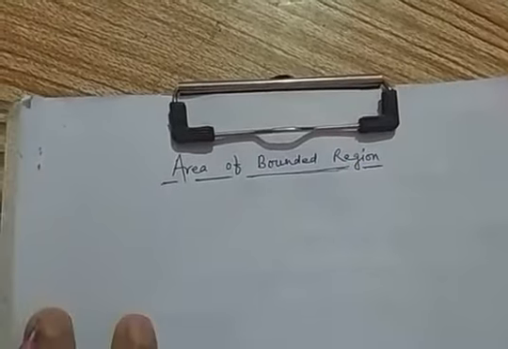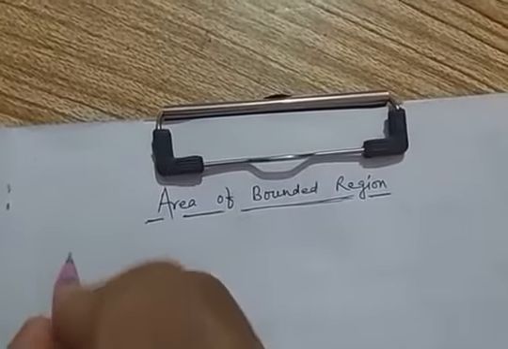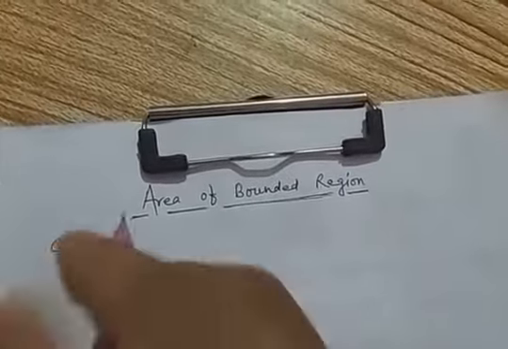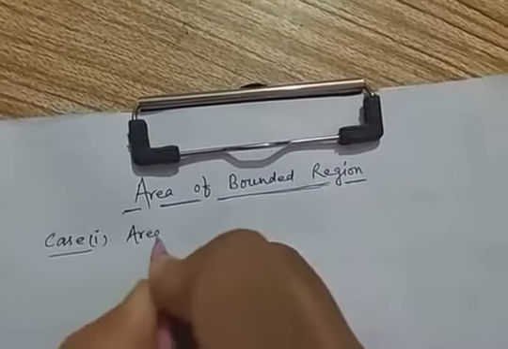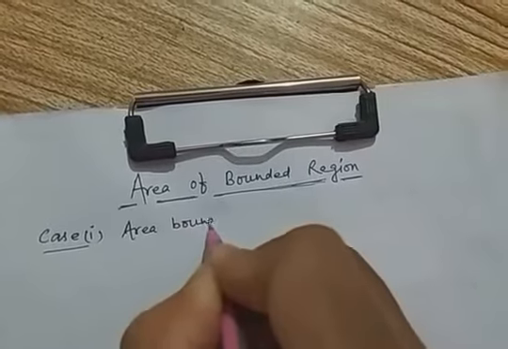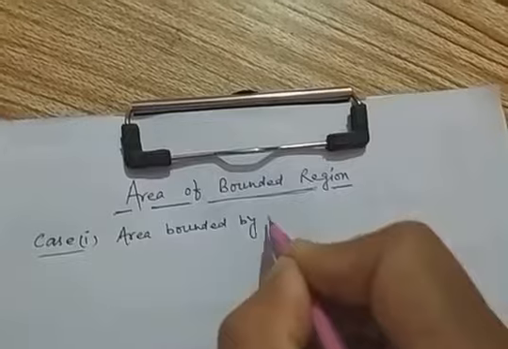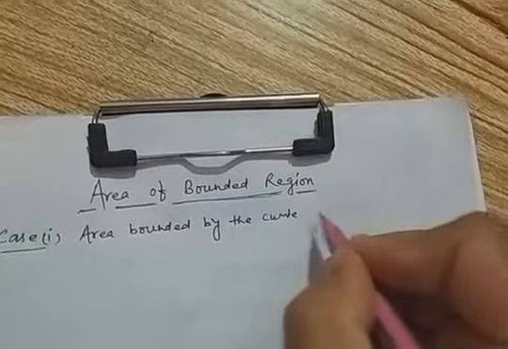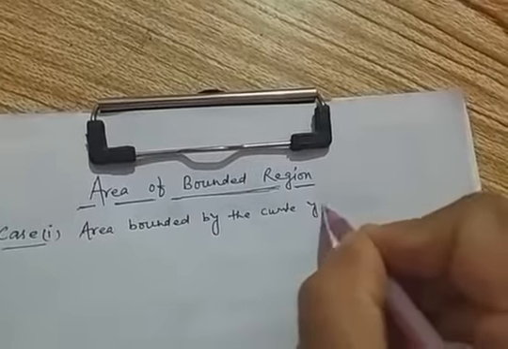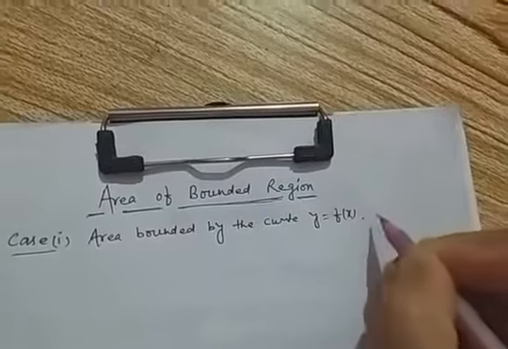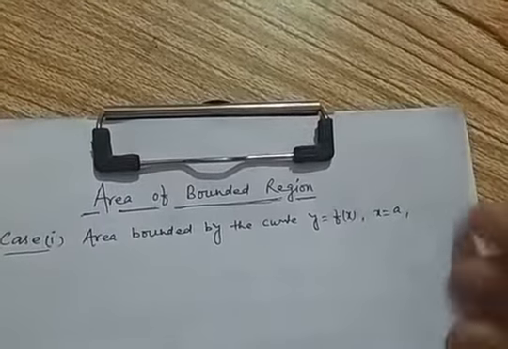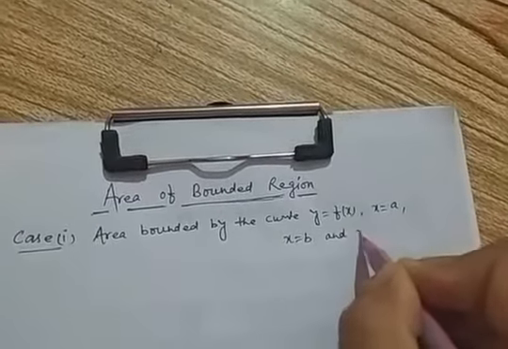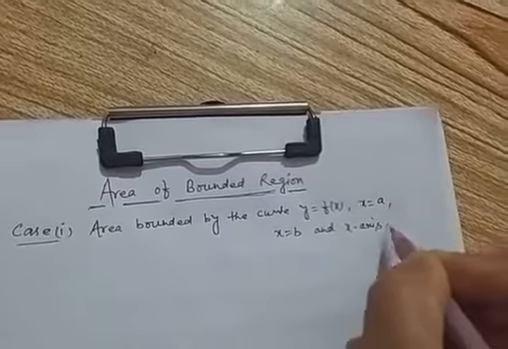So here, students, let's start with case 1. Case 1 is the area bounded by the curve y = f(x), the lines x = a and x = b, and the x-axis.